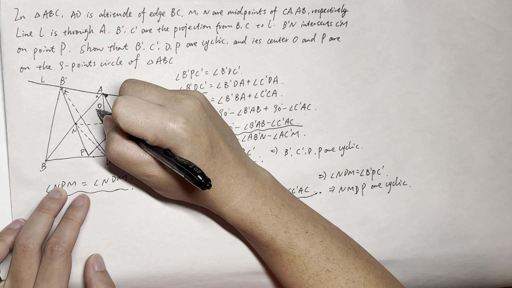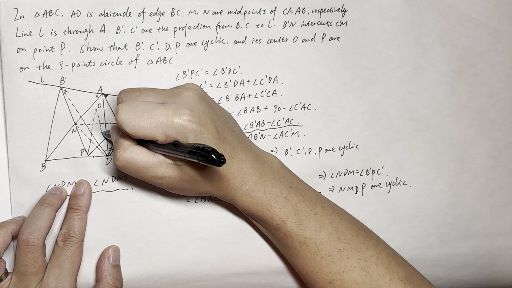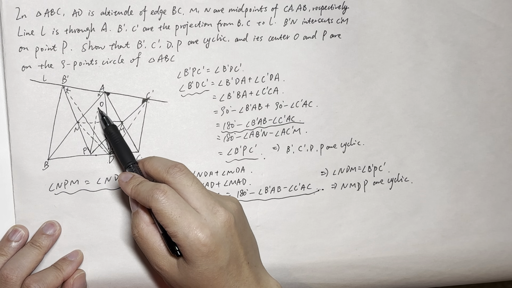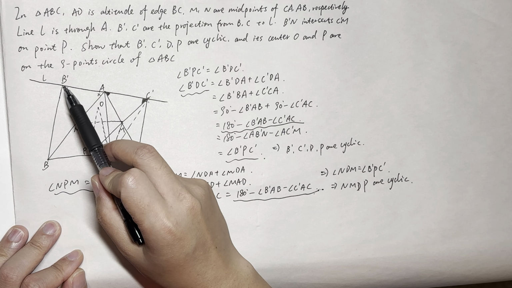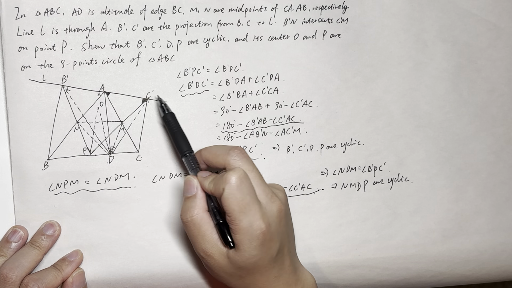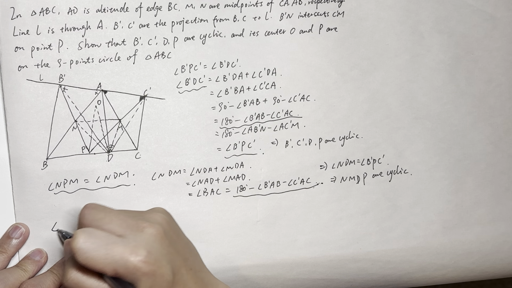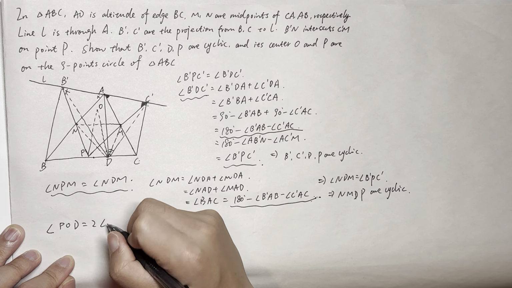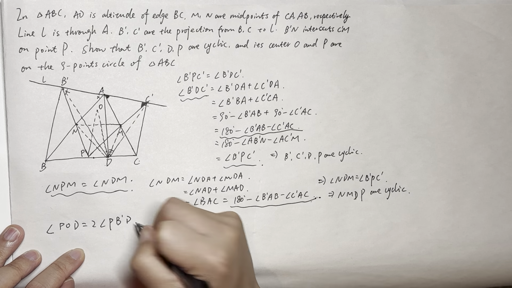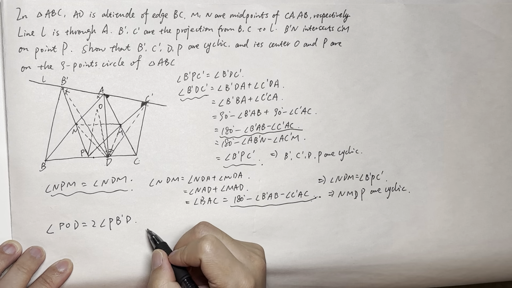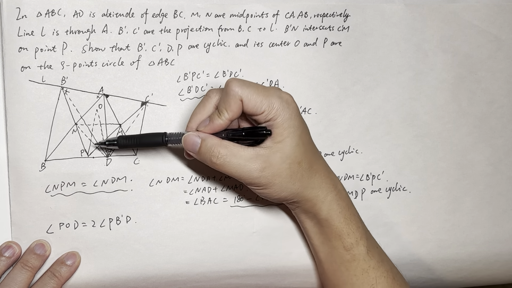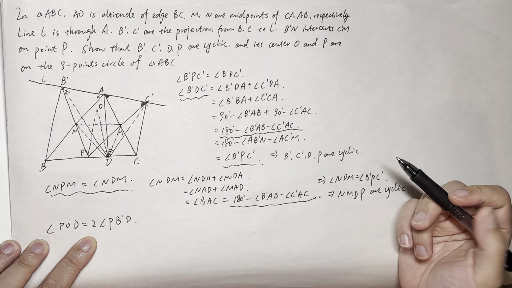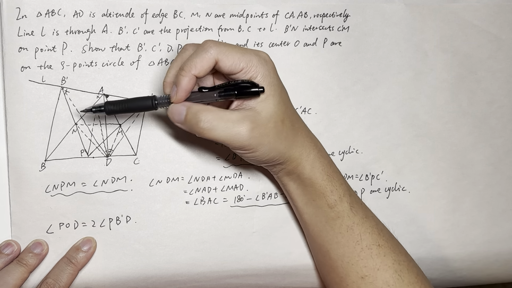If we connect OP and OD, it's obvious that because O is the center of the circle through B prime, C prime, D, P, angle POD equals twice angle PB prime D. This is always valid, right?